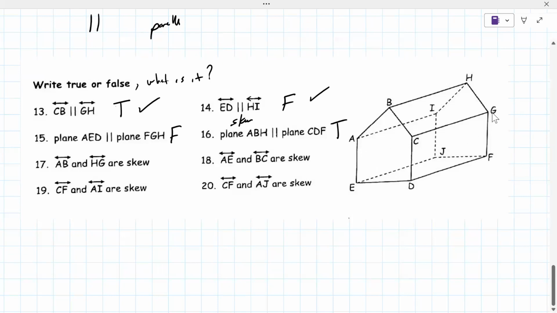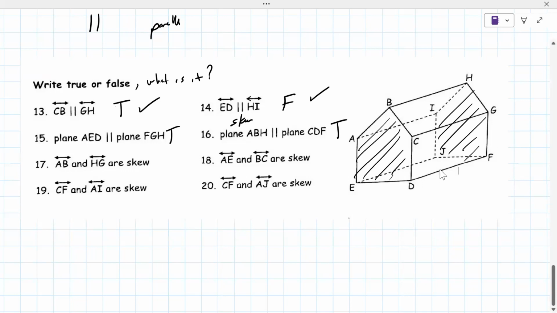Plane AED, that's the wall over here, and plane FGH is over there. They are parallel. They're like the side walls. So they're true. Next, AED is this one over here, and then the back wall. It depends on where you think the front or the back is. Plane ABH is kind of this one on the back.